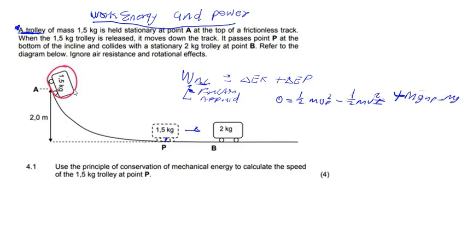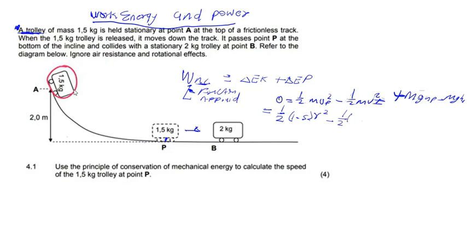Then plus our change in PE: mgh final minus mgh initial. The mass is 1.5. What we're asked to calculate is the speed at point P.